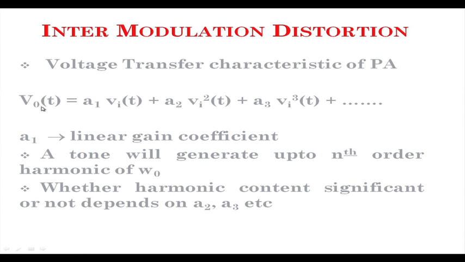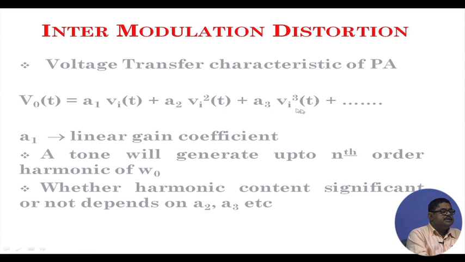Now, let us see the transfer characteristic of any power amplifier device. The output voltage V0(t) I can express as a power series, because in general I will try to make it linear, but as I said you have various interconnect joints etc. They are not linear components.